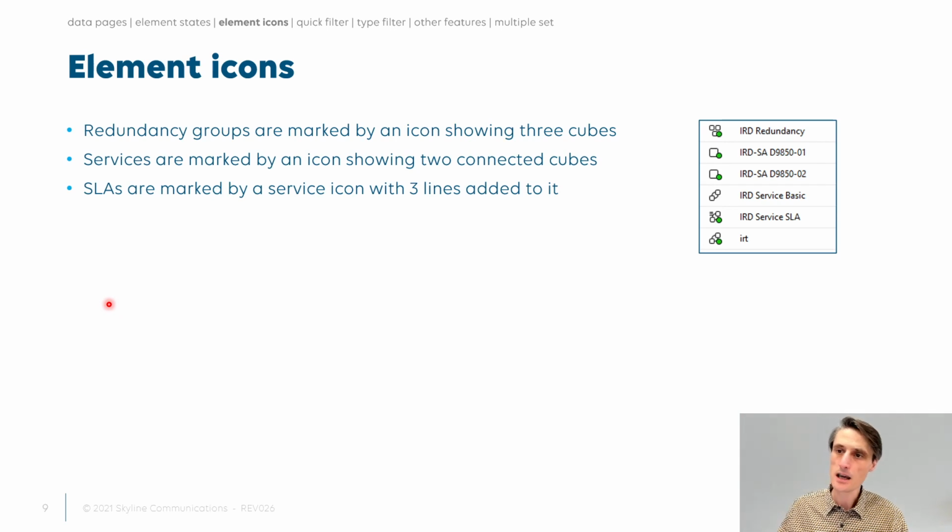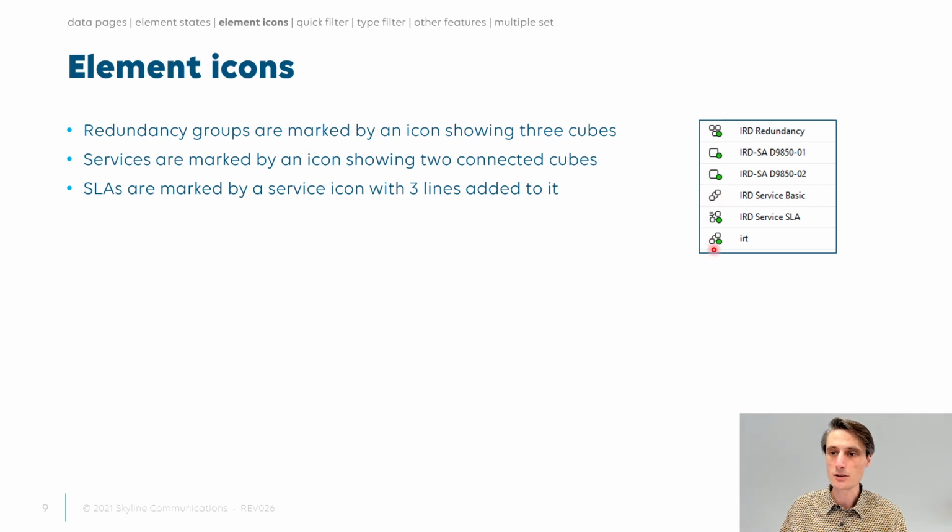Next to the element icon, we have still two element icons indicated here. We do also have a redundancy group icon. So those are two, you could say, main devices with a backup standing by. So 3 element icons. So that represents a redundancy group. A service, that's basically 2 element cubes interconnected, you could say, or they are working together to deliver a service in your network. So that's a service icon.